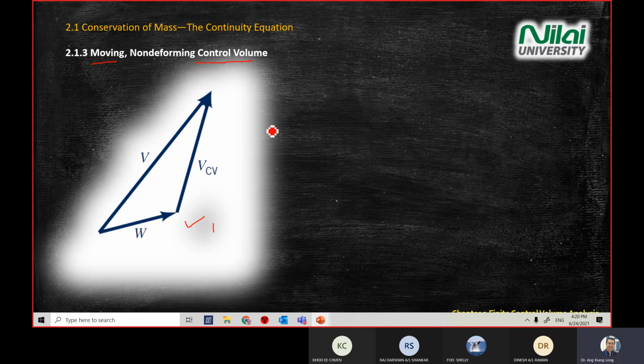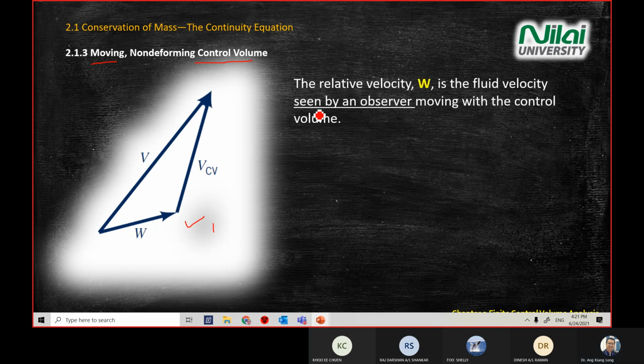Okay, now we move forward a little bit. What are all these V, W, and V sub CV? We will need to change our continuity equation, our velocity, to relative velocity. Today you learn a new word. The new word is relative velocity, represented by W. This is your relative velocity, W. Previously, we were using this one, and our control volume doesn't move.